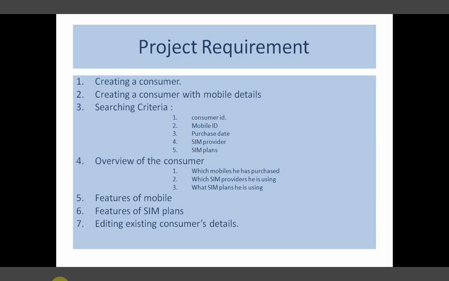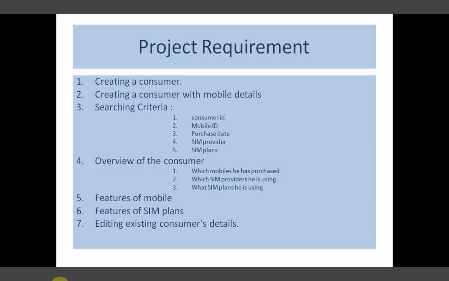That's the search criteria. So the application should have customer ID, mobile ID, purchase date, SIM provider and SIM plans as search criteria. Then there should be an overview of a consumer, like which mobile he has purchased and which SIM provider he is using right now.